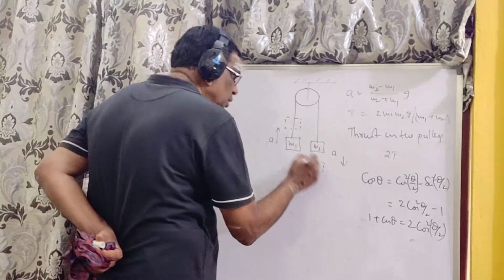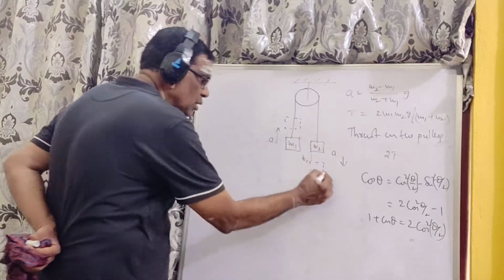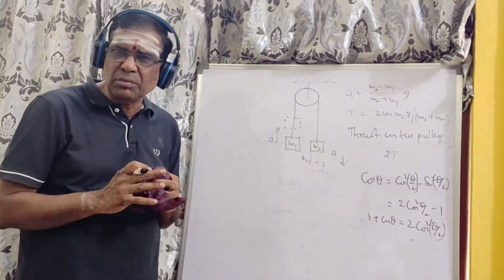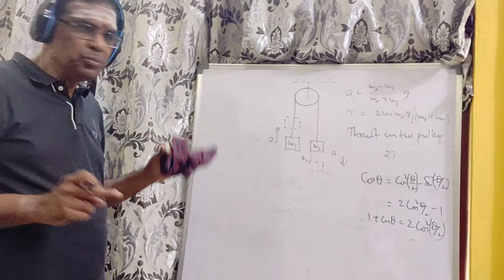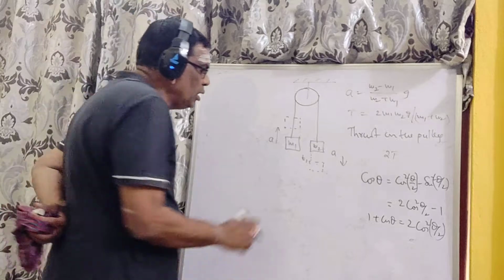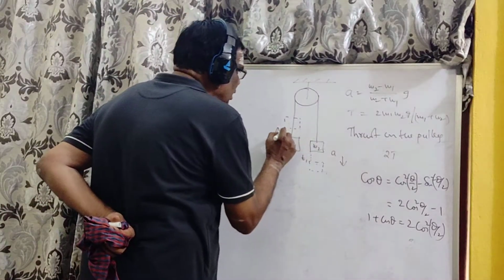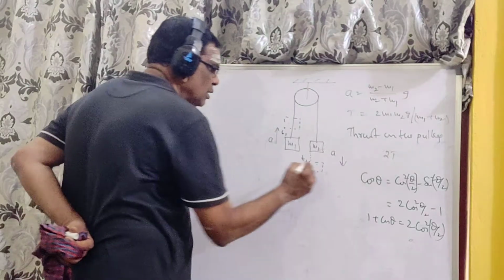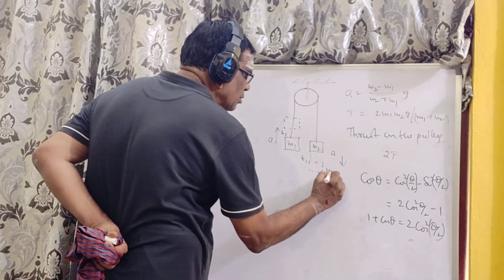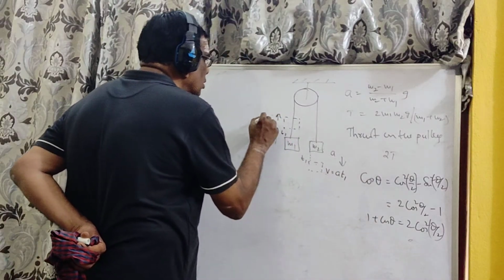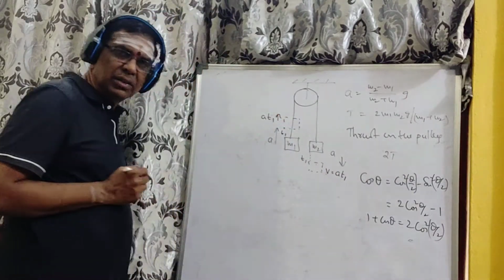And the displacement magnitude, the velocity, the acceleration magnitude, all are same based on the constraint relation. Now at T1, suppose if it is released from rest, what is the velocity here? AT1. This is also AT1 is the velocity.